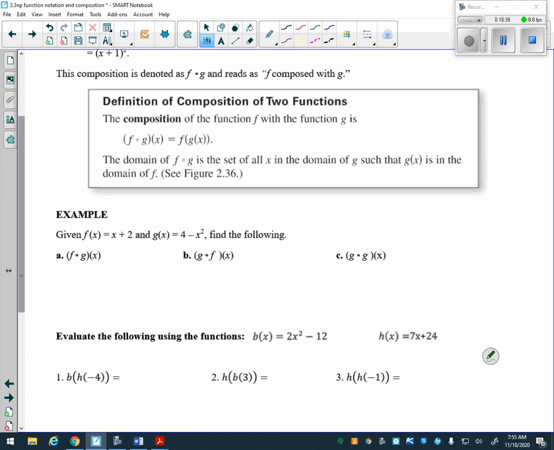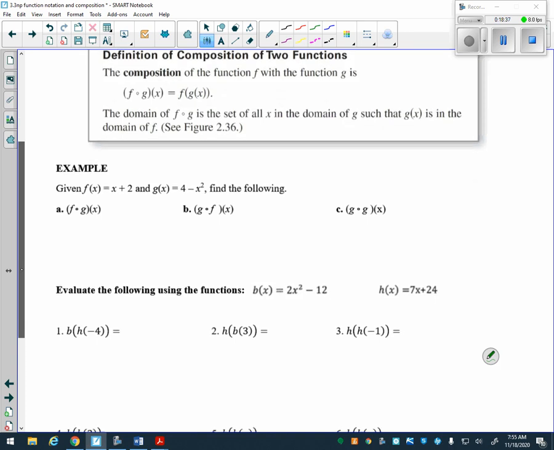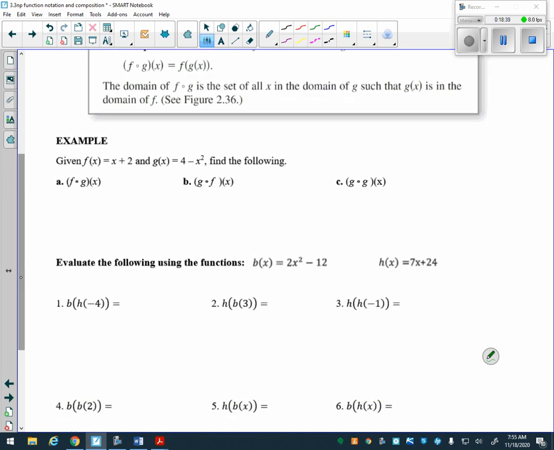Okay, so a lot of you might find it easier to rewrite it in this notation, because they mean the same thing. So if I see f composed with g of x, that's the same thing as f of g of x, okay? So you're probably wondering, well, what does that mean?